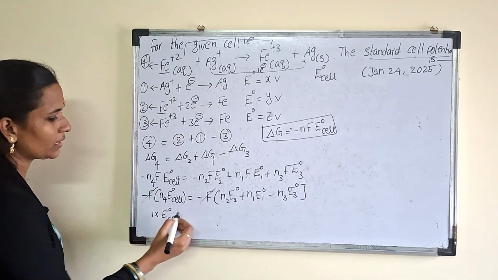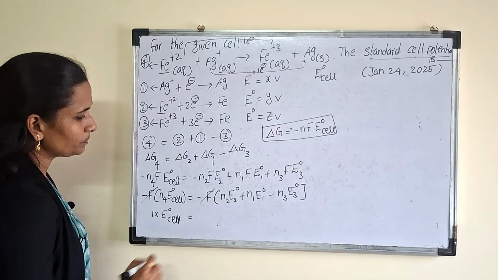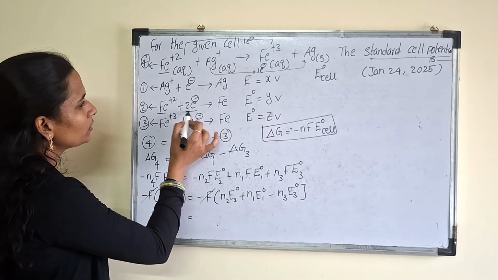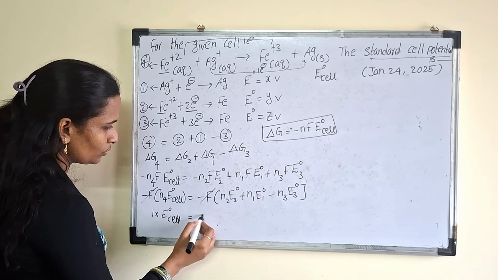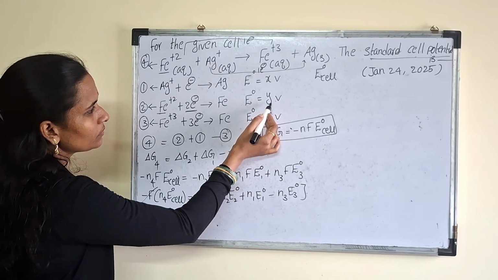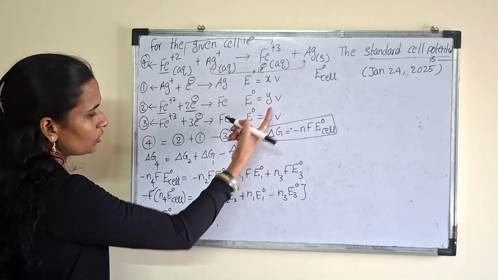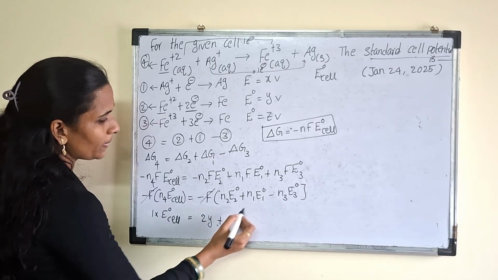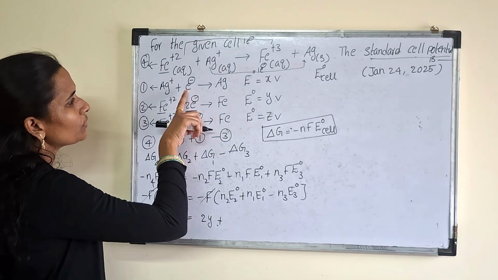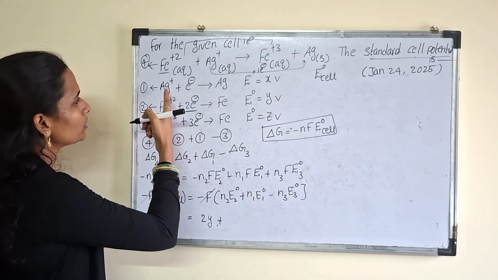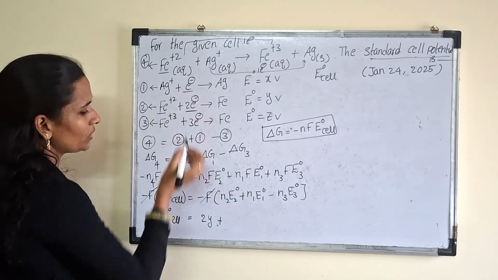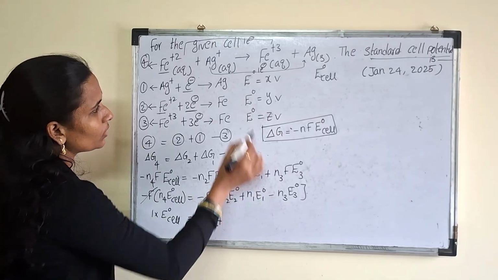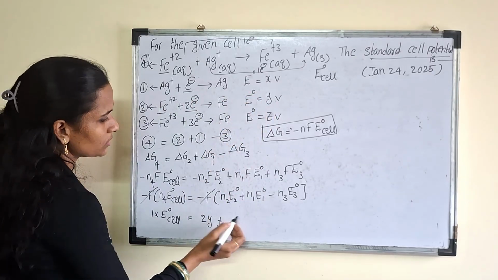So E naught cell equals N2 times E2 naught. N2 is the number of electrons in the second equation, which is 2, and E naught is y volts, so 2y. Plus N1, the number of electrons in the first equation, which is 1, and E1 naught is x, so x.